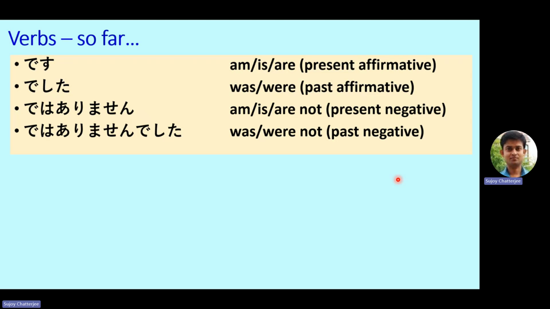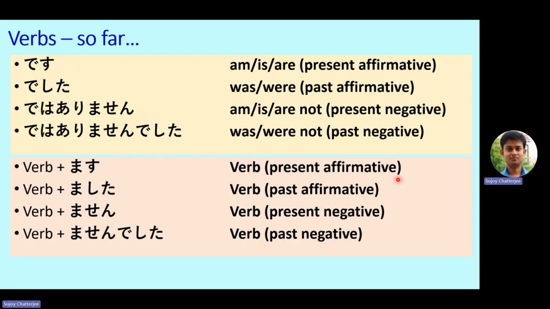And then we have deva arimasen deshita, which is the past negative. And when we use the mas form, we have the verb conjugated with mas or mashita, masen or masendeshita. So you already know where to use this and where to use mas. This we have already learned several times earlier.